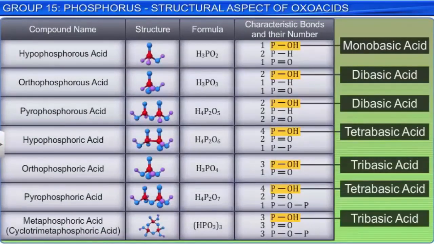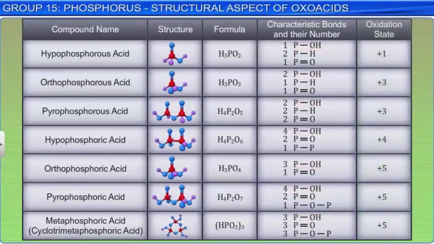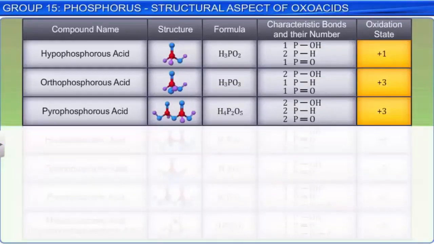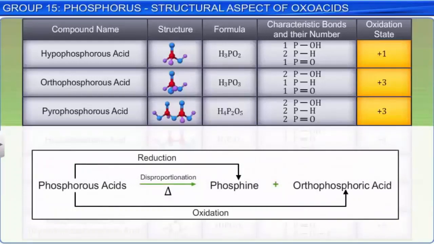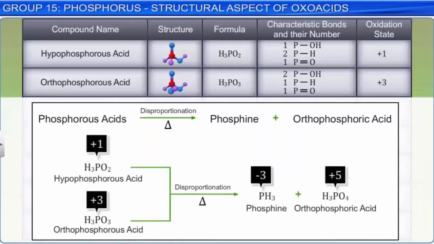The oxo acids in lower oxidation states of phosphorus, +1 and +3, tend to disproportionate to higher and lower oxidation states. The lower oxo acids disproportionate because some of the phosphorus atoms attain the relatively stable +5 oxidation state.